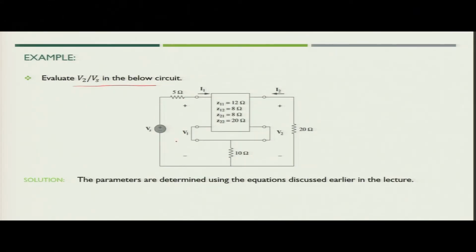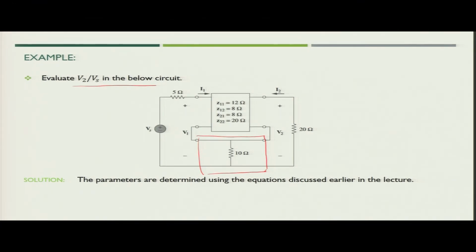Since these two are connected in series, we can simply take the Z parameters of the second 2-port network and sum up these two Z parameter matrices to get the Z parameters of the overall network.